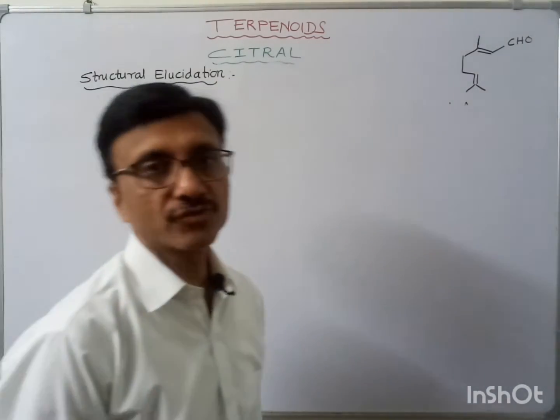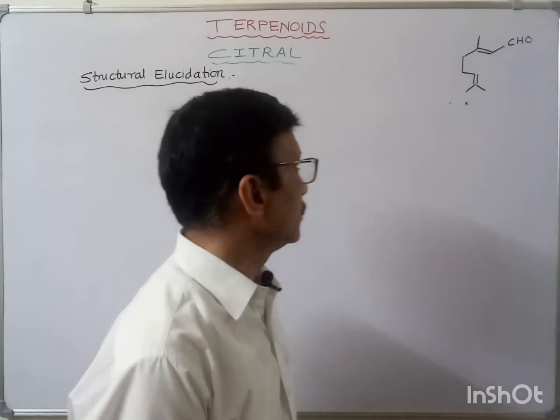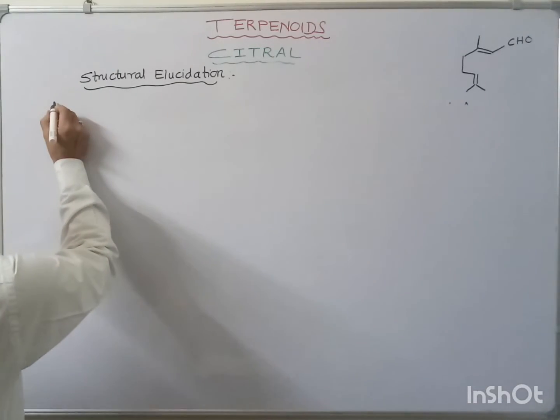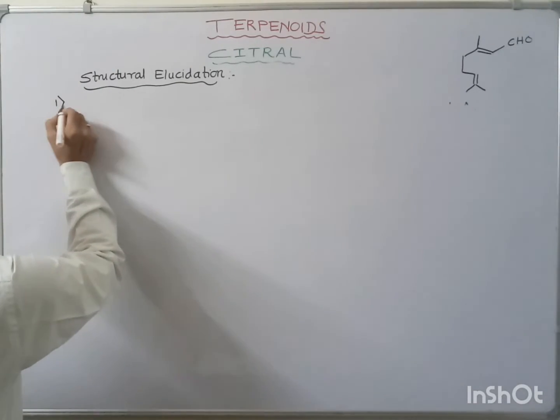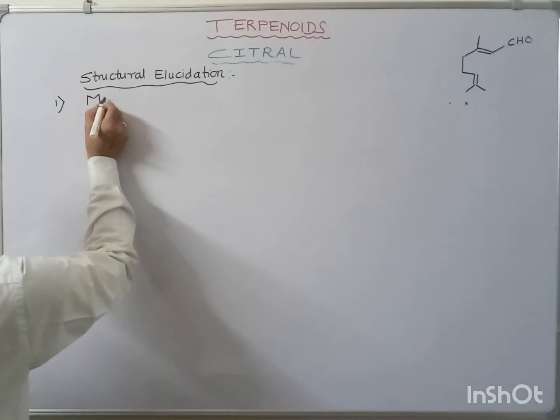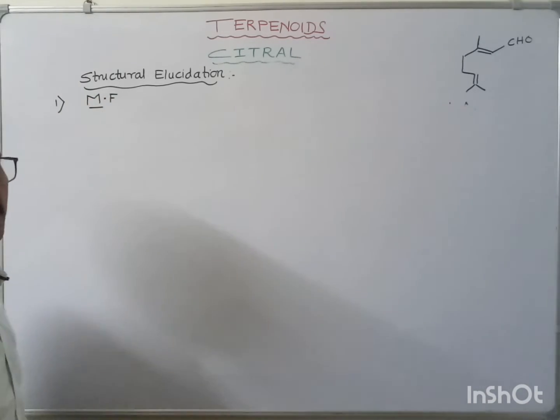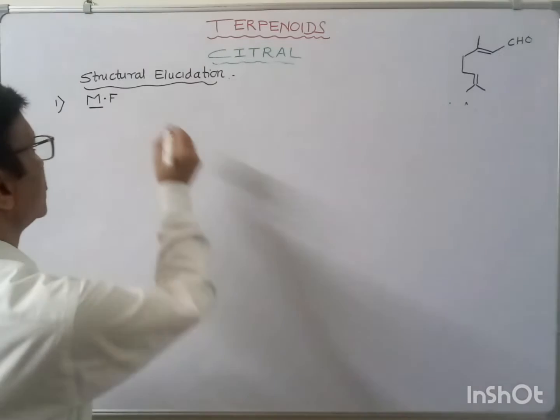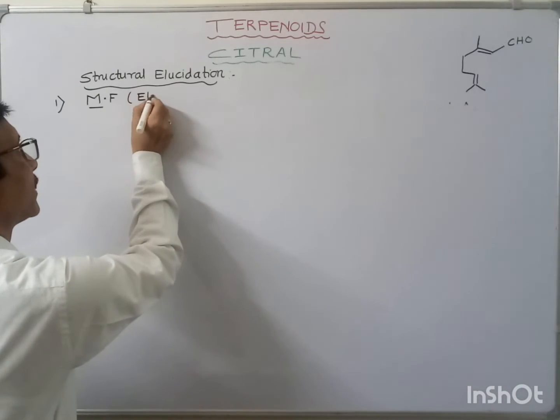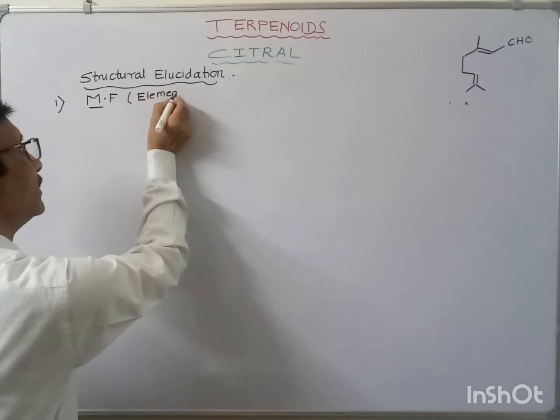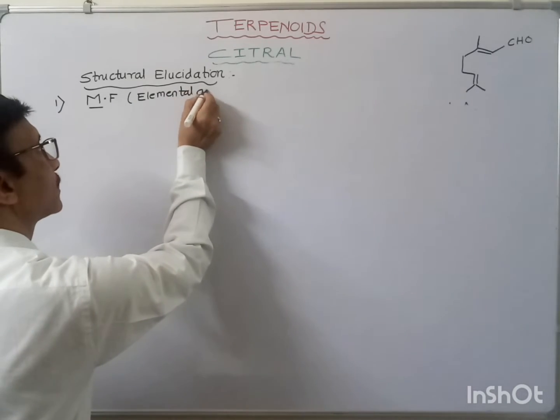In structural elucidation, first of all, we see the molecular formula of this citral, which can be determined by elemental analysis.